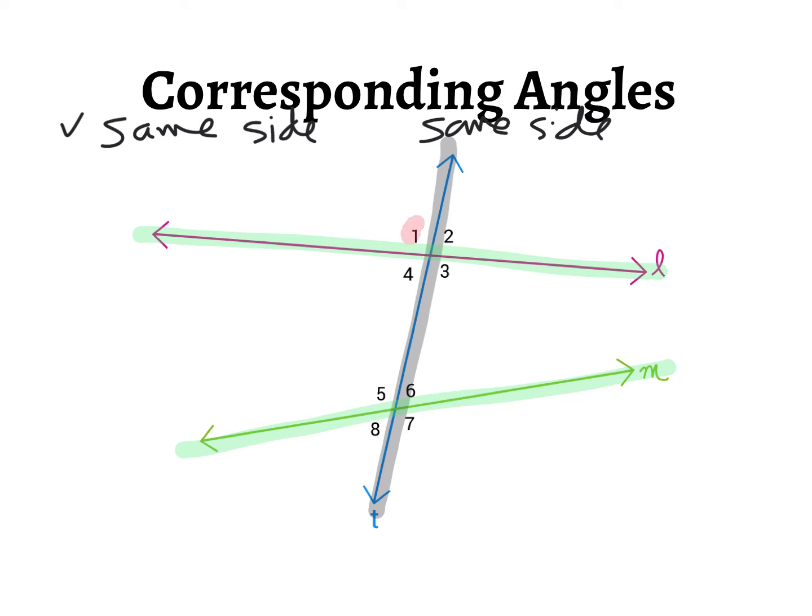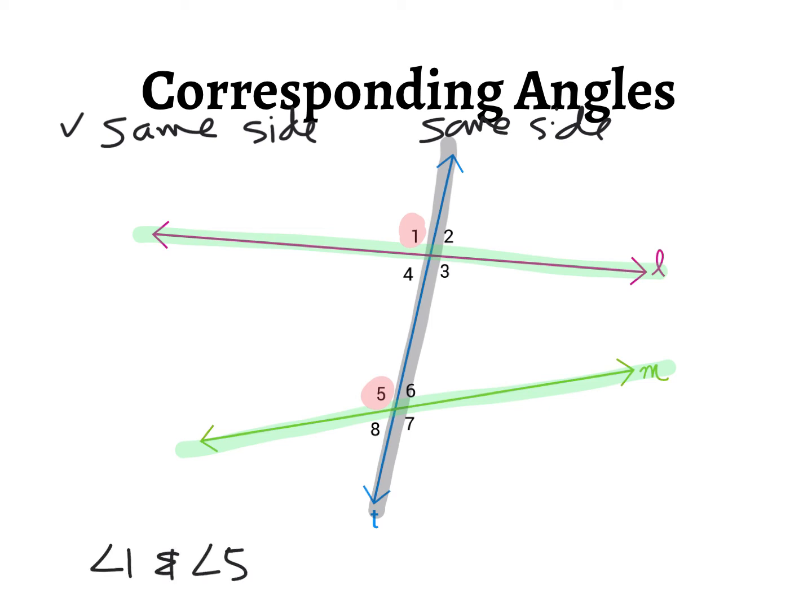So 1 is above line L and 5 is above line M. This is what we call corresponding angles. They're on the same side of the transversal, the blue line, and then they're both on the same side of the two lines. So they're both on the left, and then they're both above. They're same side, same side. So here my example would be angle 1 and angle 5.